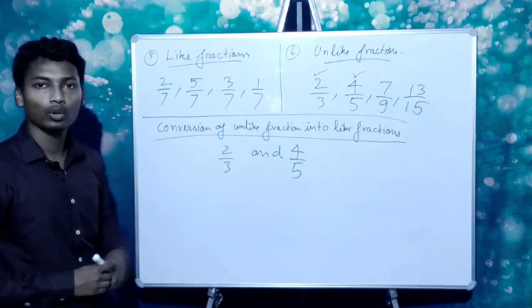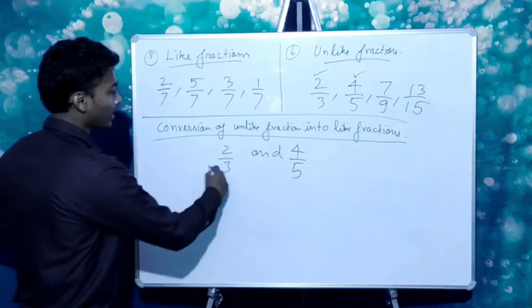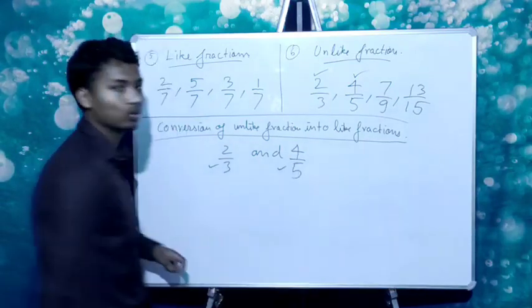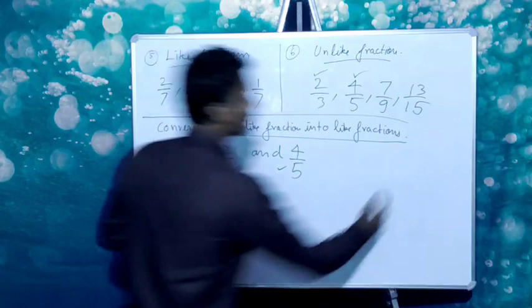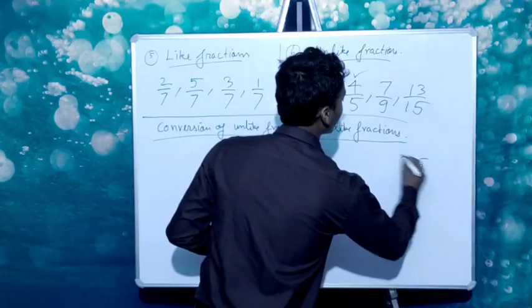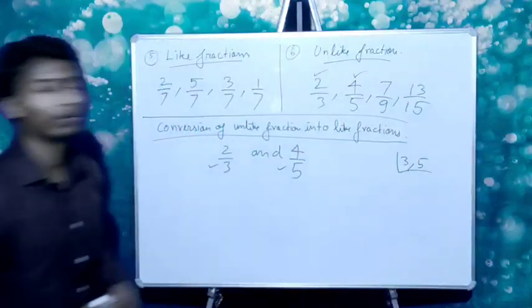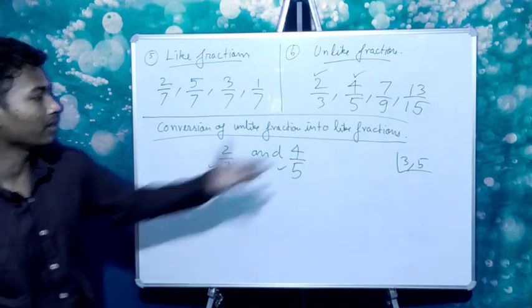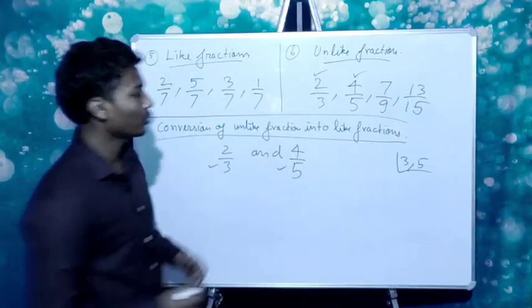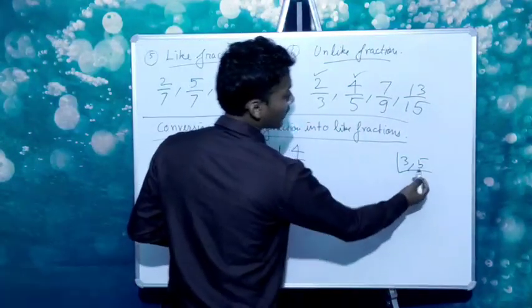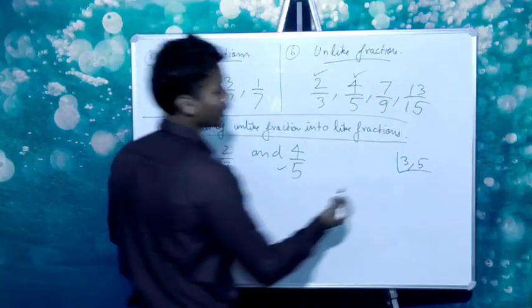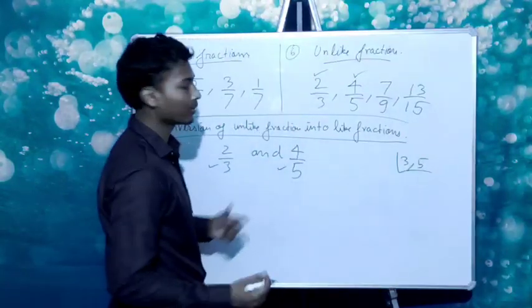The first step will be to find the LCM of the denominators of these two fractions. So if 3 and 5 is given as a denominator, what will the LCM be? Now you see there is no number that can divide the two numbers, so it means 3 and 5 itself is the factor here.